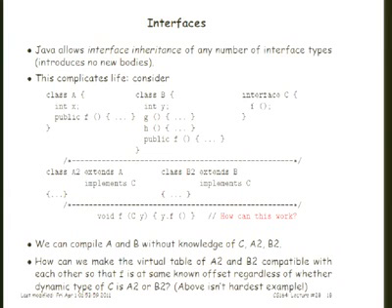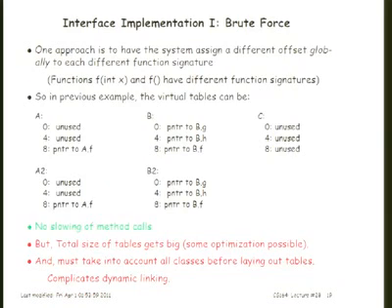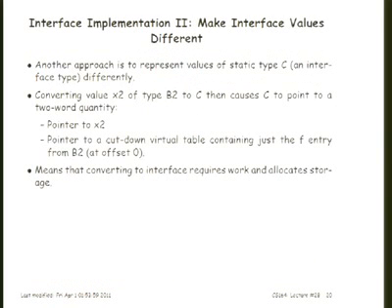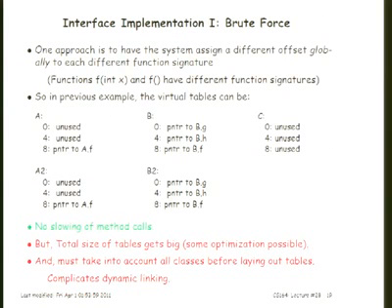Well, it's not such a bad problem. When you lay out the virtual table for that new type, you've just got to make sure that you choose the right slots for methods. So it's not so terrible.